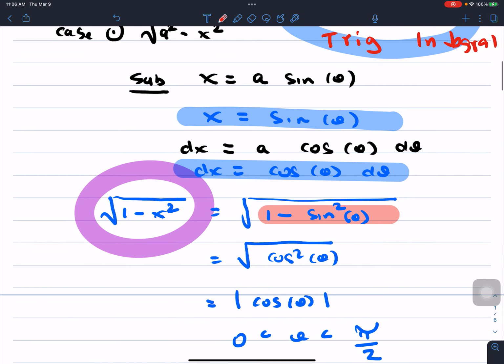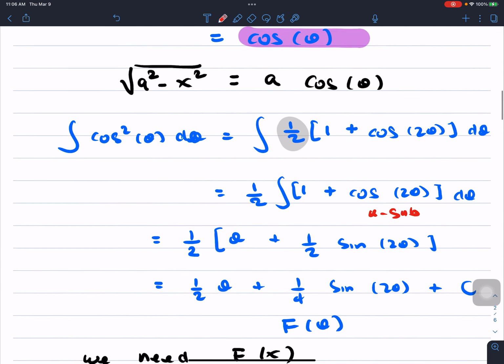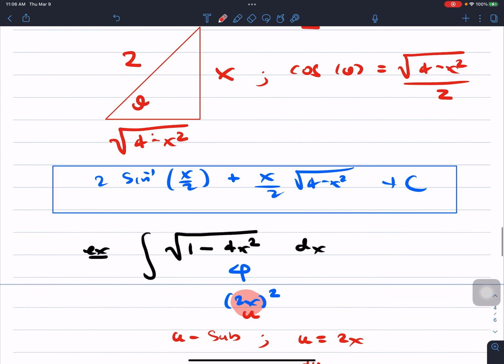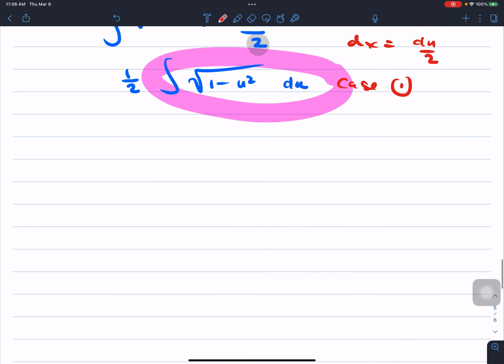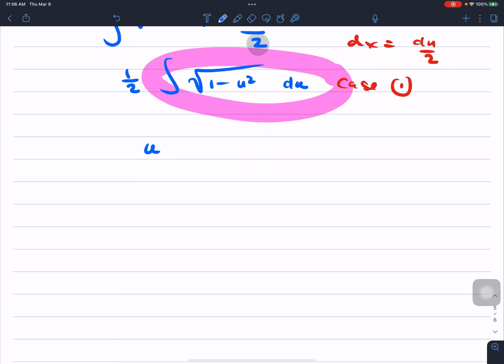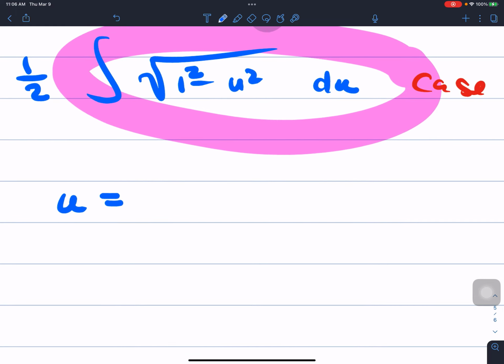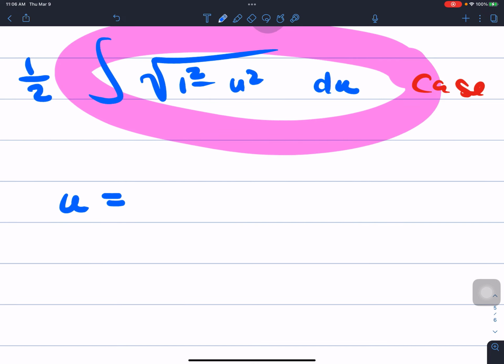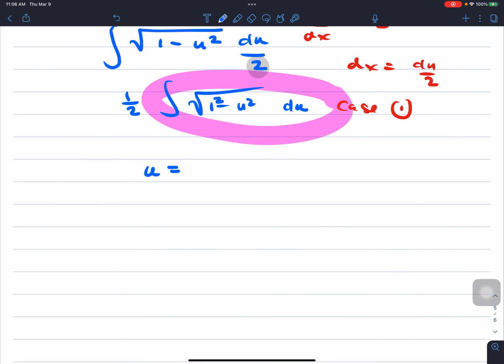It says x is a sine theta. But we don't have x. What do we have? u. Where's our a? There's my 1 squared. a is 1, but the variable is u.